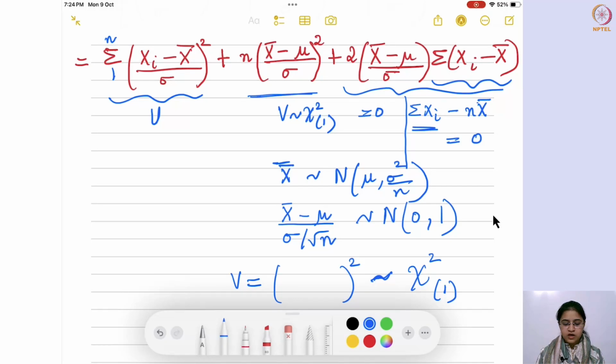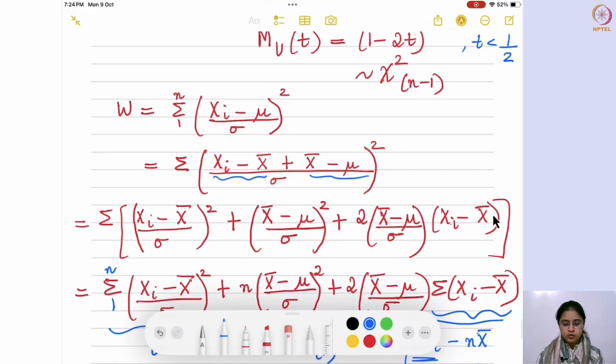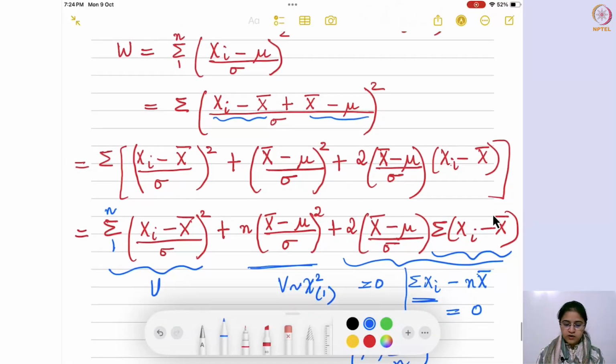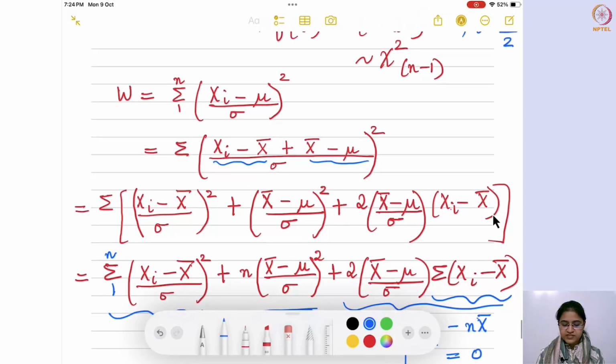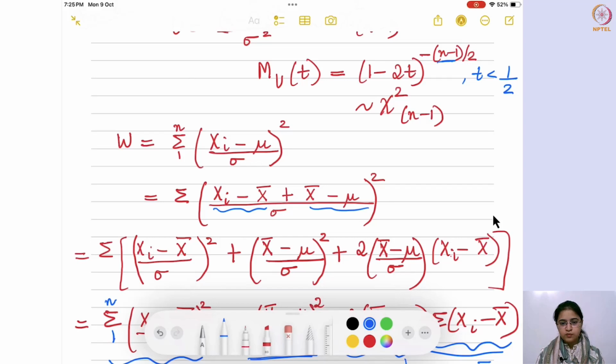Okay. And if you look at the initial point that we had here, W, what is the distribution of W? From the same logic, the xi's are coming from the normal population, so this standardization would be standard normal variate. If I square it up, as we have just seen, it will give me chi square with 1 for each of them. And if I add it up, it will follow chi square with n degrees of freedom.